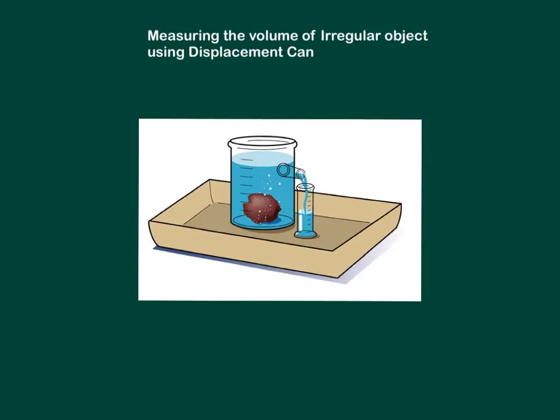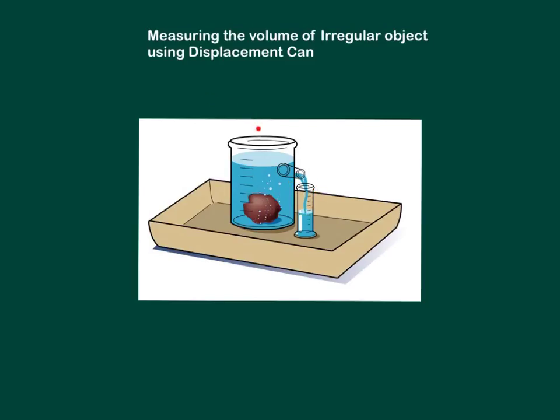Lastly, let's look at measuring the volume of an irregular object using a displacement can or an overflow can. If an object is too big to fit into a graduated cylinder, we use a displacement can. How the displacement can works is you fill up the water to the top and let all the water drain. Once all the water is drained out, I empty my beaker or graduated cylinder.